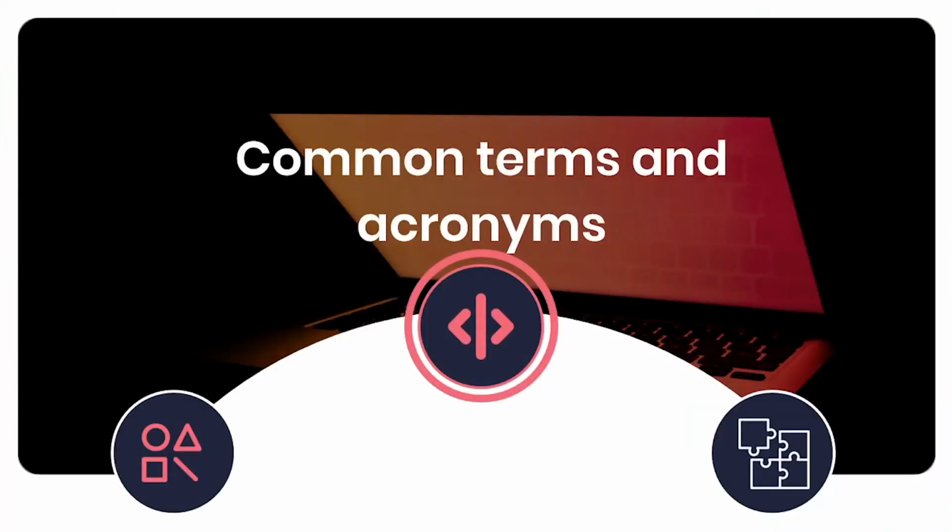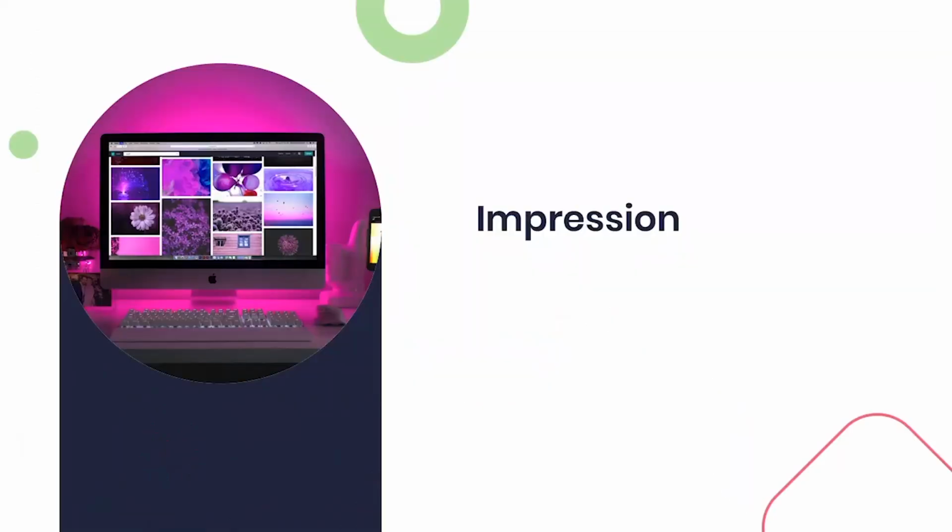The next thing I'd like to take you through is some common terms and acronyms that are used in digital marketing, because we'll be using these different terms as we progress through this course, but not only throughout this course, but throughout the world of real marketing too. So the next part is quite important, as things can get pretty complicated if you don't know your terms. Let's start off with impression.